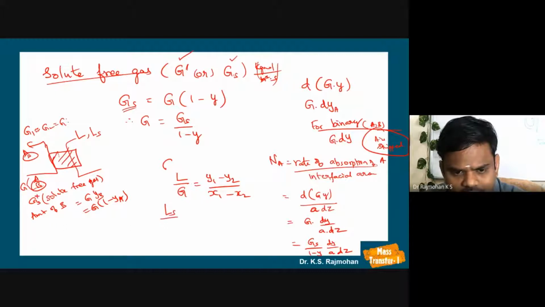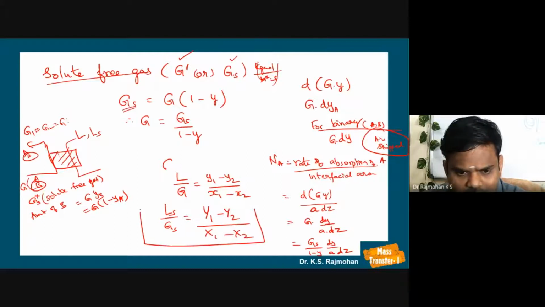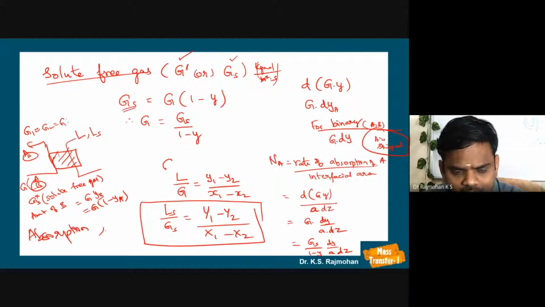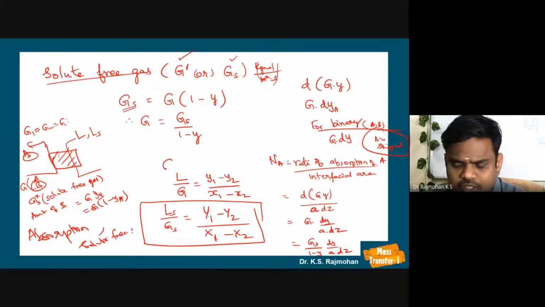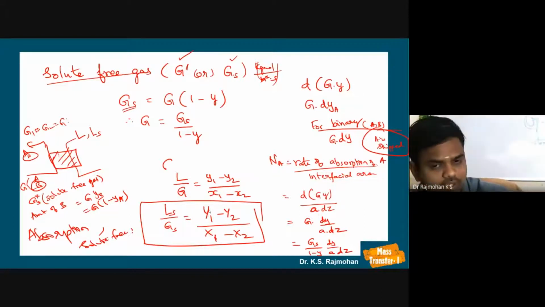So we can say LS by GS is equal to Y1 minus Y2 by X1 minus X2. So this is the material balance for absorption on solute free basis. LS by GS equal to Y1 minus Y2 by X1 minus X2 is the material balance for absorption operations.